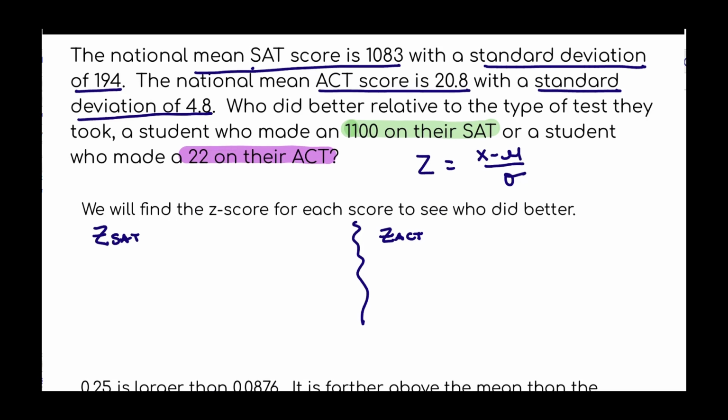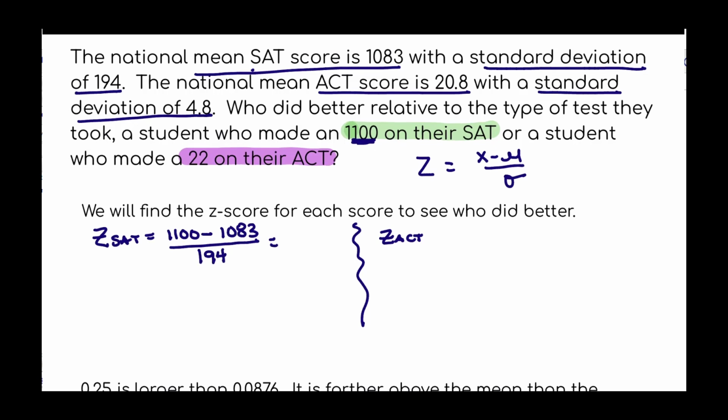All right, so for the first one, we're going to start off with our X for the SAT z-score. Our X for the SAT is the data value we're interested in changing, which is 1100. We subtract the mean, 1083, divided by the standard deviation, which is 194.